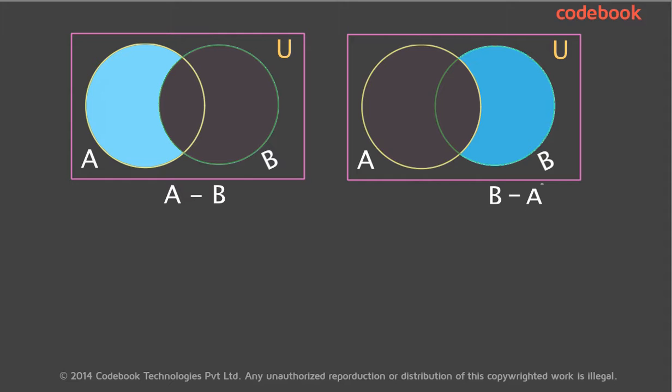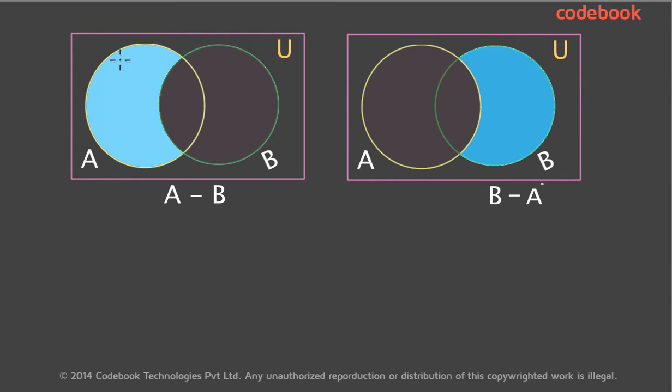Let's look at a few more properties of difference of sets. The first Venn diagram is a representation of A minus B, and the second Venn diagram is a representation of B minus A. If you observe closely the two diagrams, the shaded area which is in blue is contained in its respective set.